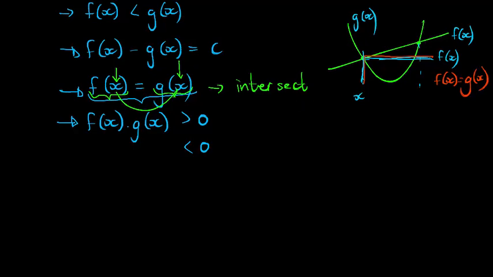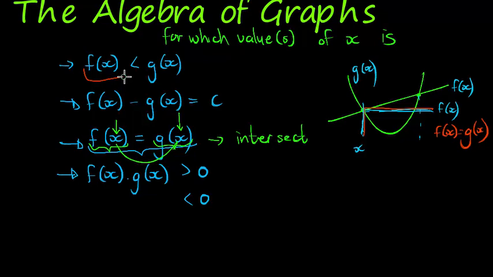Okay, what does this mean? We just did that, Ms. Sunday. What does this mean? This is not a point of intersection. That was when they are equal. What is this saying? The y values of f are smaller than the y values of g.